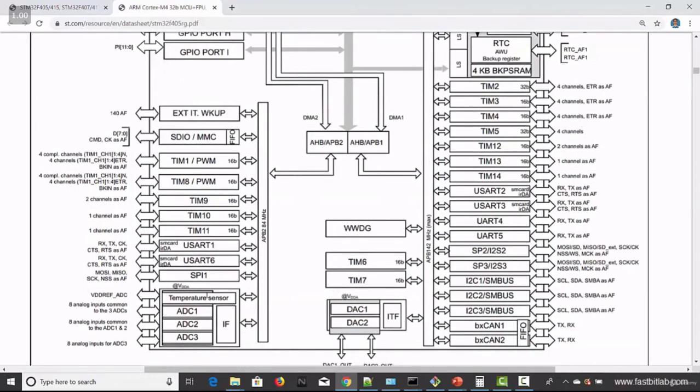Because there are some peripherals which don't require high operation speed, they are connected to the APB bus. APB is also a bus which is kind of a low performance bus compared to the AHB bus. The peripherals which don't require high operation speed are connected to the APB buses.